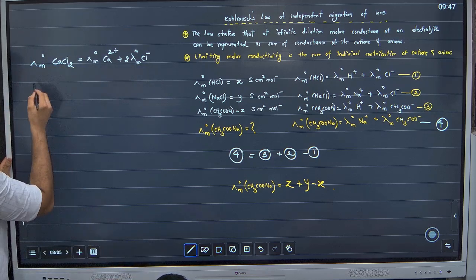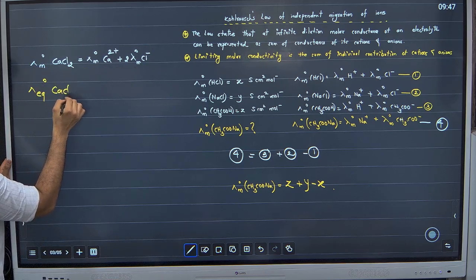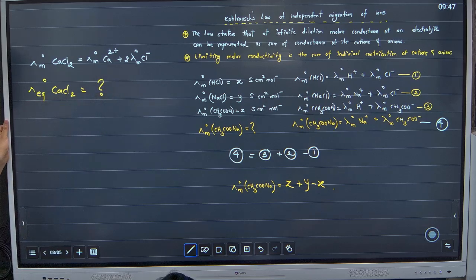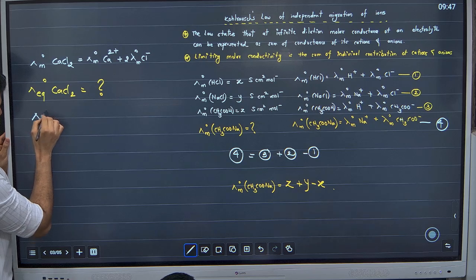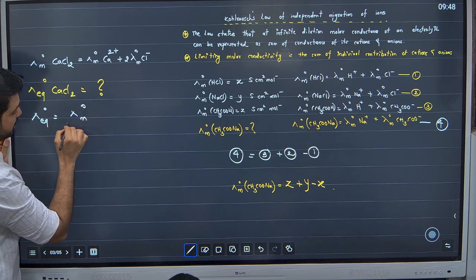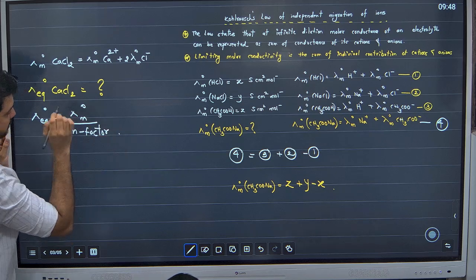If I want lambda EQ for this, what was the relation between equivalent conductivity and molar conductivity? We know that equivalent conductivity is molar conductivity upon n factor.